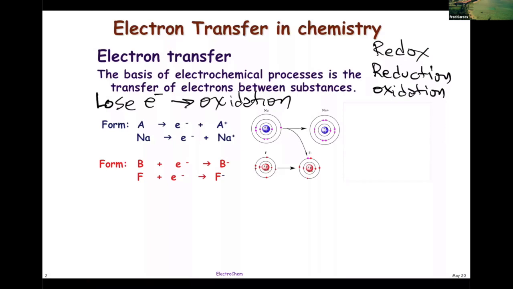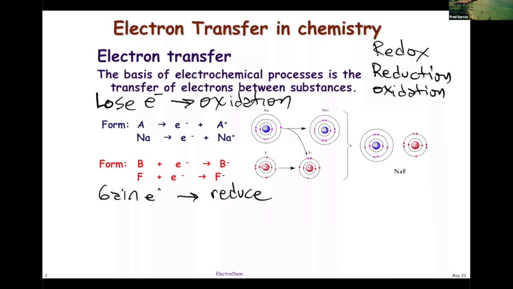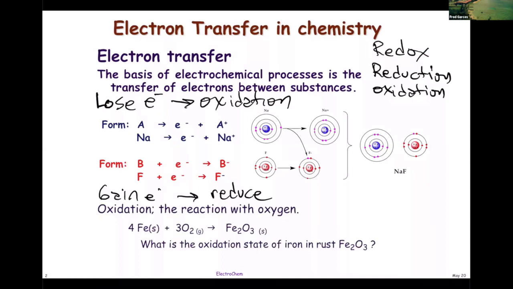The species that gains electrons gets reduced because it has more negative than positive, and so the negative charge is going to increase and it gets more negative. That's why it's a reduction. Okay, and this is an example of an oxidation-reduction reaction. So these are some of the terminologies.